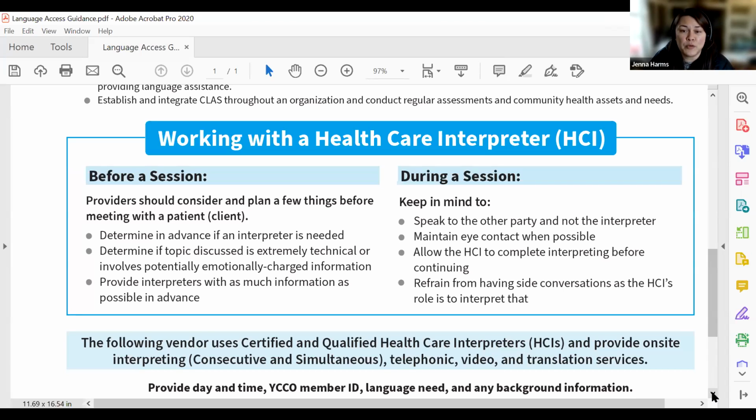So really, before you are working with a member or a patient, these are just a few tips and things to consider before a session in working with an individual. You should plan and do a few things with your patient, your client. Determine in advance if they have interpreter needs or any other type of accessibility needs.